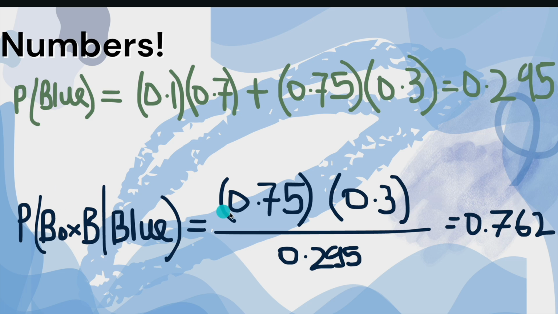And then when we plug in all these values in the final formula, the final value that we're looking for, the probability of the ball being picked from box B, is 76%.